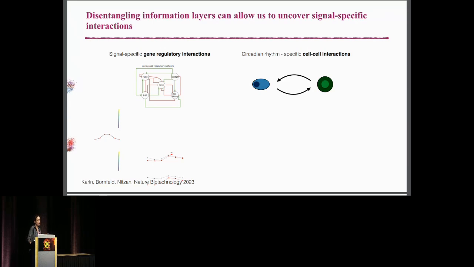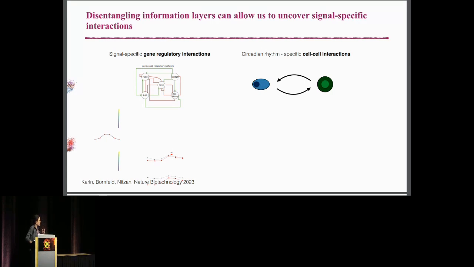Gene-to-gene interactions, for example, can change along the time of day, or can change according to where the cell is in the physical tissue, its corresponding microenvironment and the type of signals it's exposed to. So if we're trying to infer a gene regulatory network out of the whole data, then we're missing something. We're basically inferring a network that never existed for a single cell, and that also makes it a much harder problem.